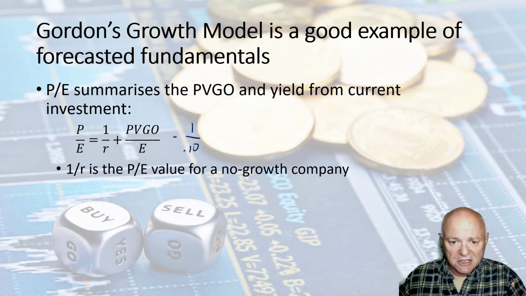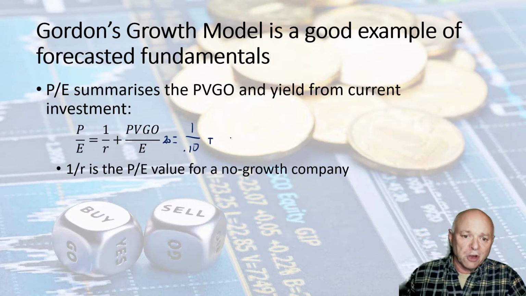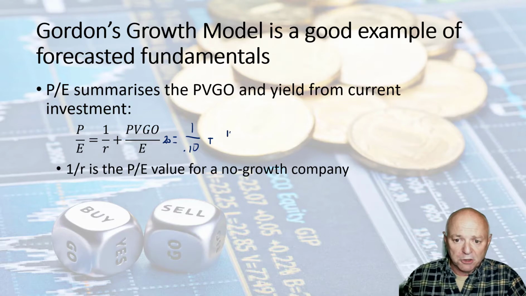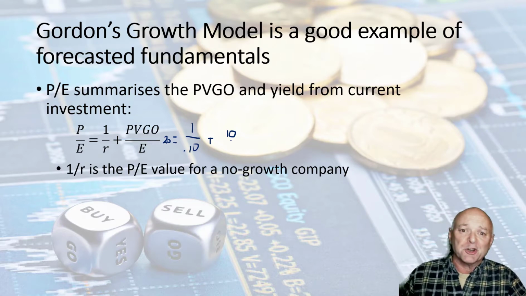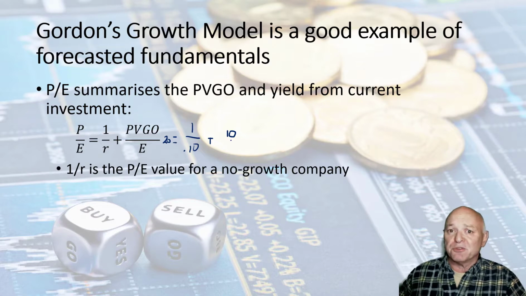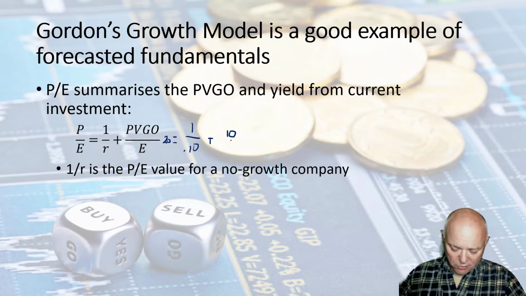So if we see that this is a 20 times price earnings multiple, then we know that the present value of the growth opportunities have to be some kind of a multiple of 10. So we're getting 10 for the yield and 10 for the growth. And if we had a $1 earnings per share, then the present value of the growth opportunity per share must also be 10 times. So this is a way of understanding the contribution of yield and also of growth.